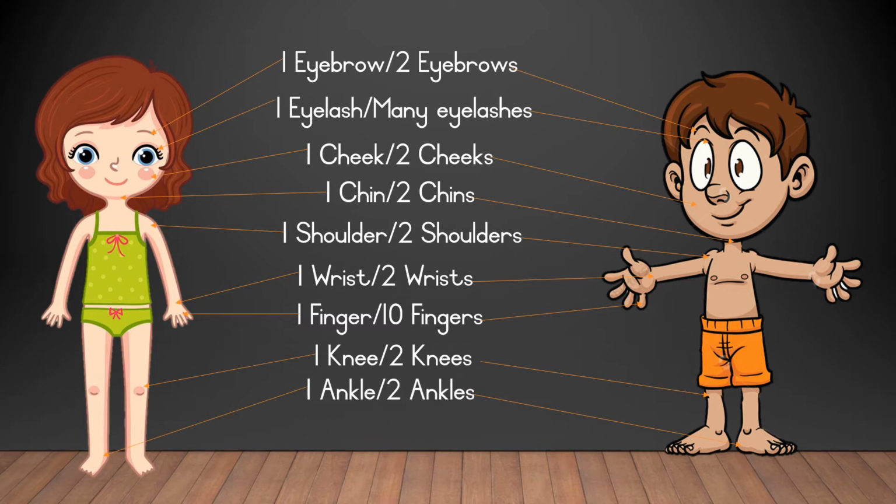Now remember, the ankle is the back of your foot, that round part there, the back. We call it an ankle. Remember, singular, one ankle, plural, two or more ankles. The last part of this piece, we have one toe, singular, plural, two or three or 10 or more toes.